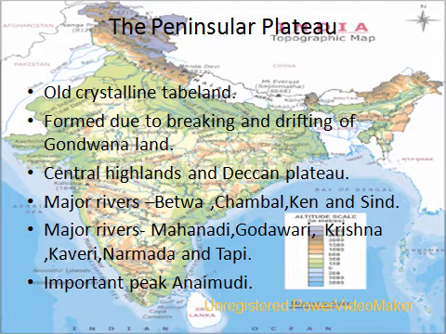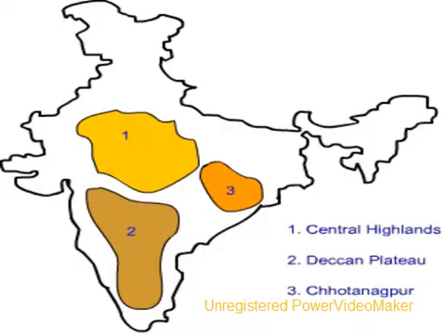The extreme northeastern part of the Deccan Plateau is separated by a fault from the Chota Nagpur Plateau. Three prominent hills of the northeastern extension are Garo, Khasi and Jayantiya hills. This is a map showing three major parts of the Peninsular Plateau.